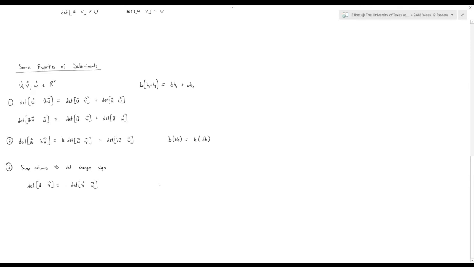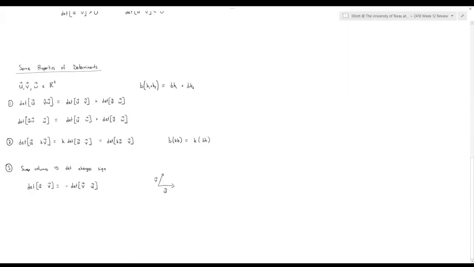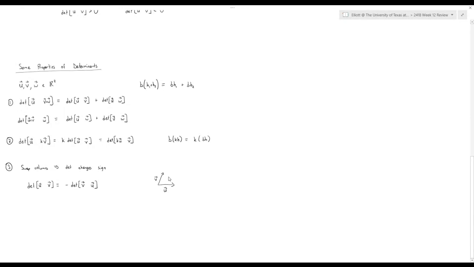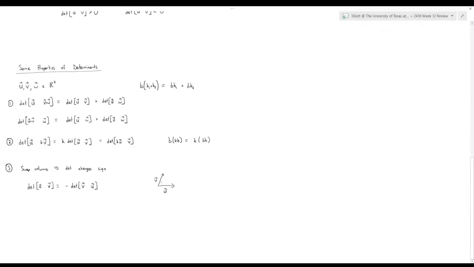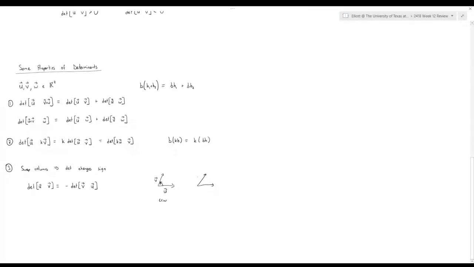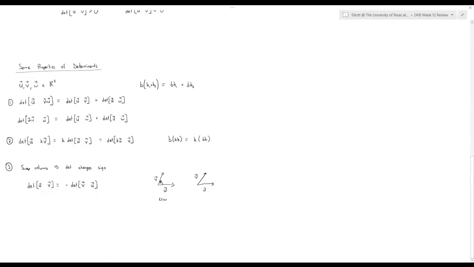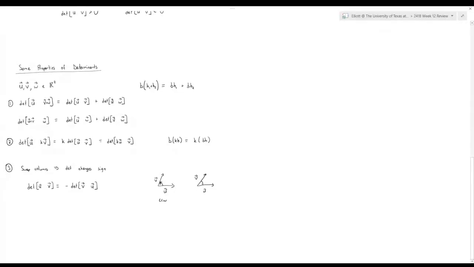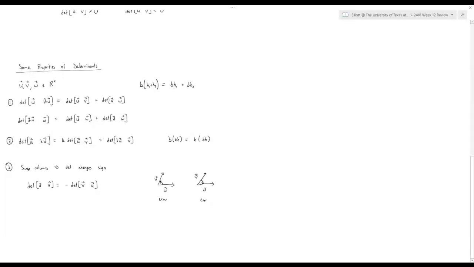The idea is that if the vectors u and v, in this picture, have a counterclockwise orientation, but if I start with v first and then go to u, then they'll have a clockwise orientation instead. So whenever you swap the columns, the orientation flips. That's the idea of that, okay?